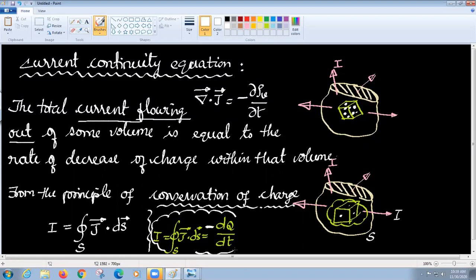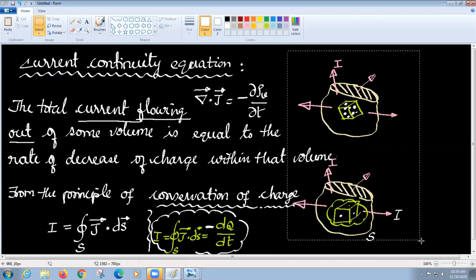So I can relate like this. This is now in the integral form. Slowly we'll convert this to point form or differential form as follows.